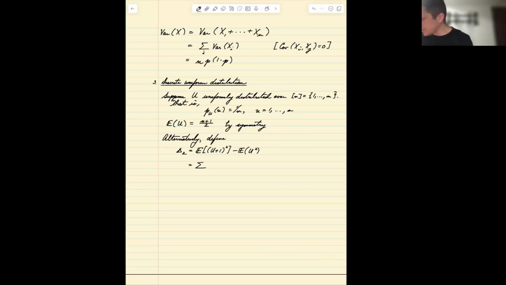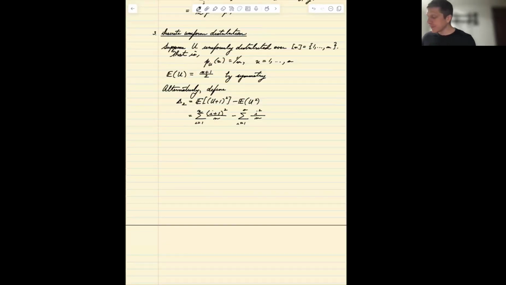What do we have? We have a sum over the n values of U. Those values are i plus 1, and we square them, and each one has probability 1/n. Then we subtract off the expectation of U squared, which is i squared, also divided by n.